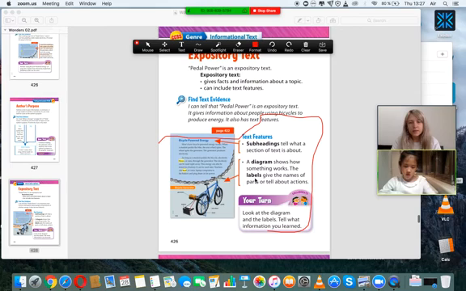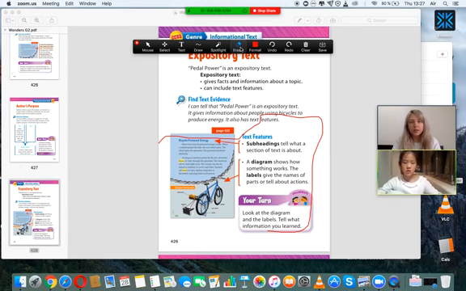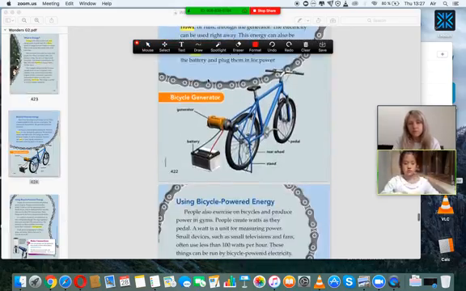The last one is label. So labels give the names of parts or tell about actions. So let's find labels. These are labels. So try to explain to me, what are labels? Labels is the small subheading.